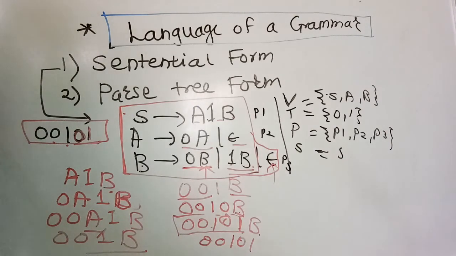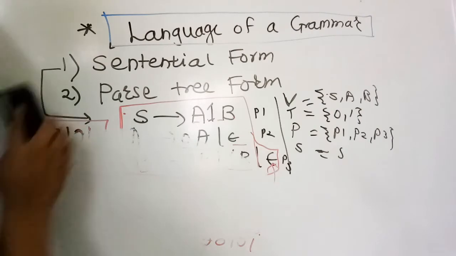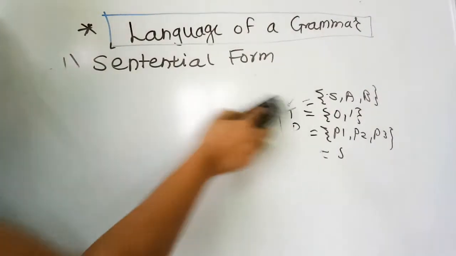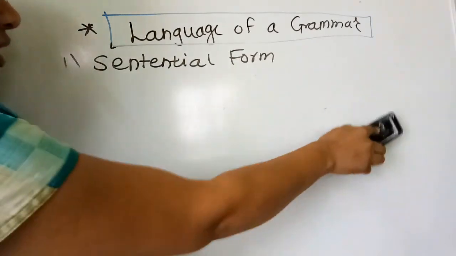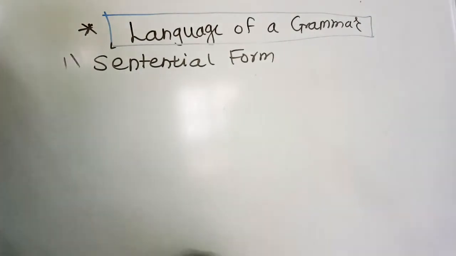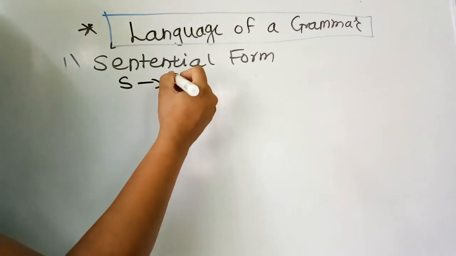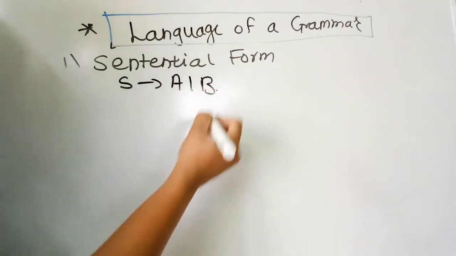Now I will take one more example to derive a string from a grammar by using the sentential form. For example, there is a grammar of the type A1B.